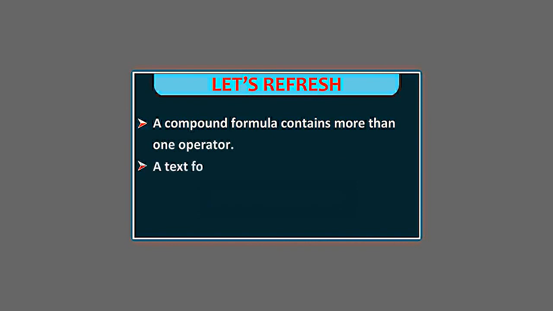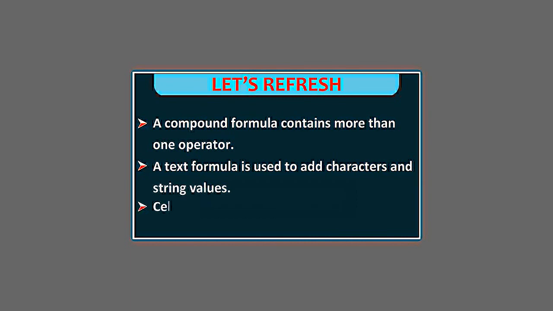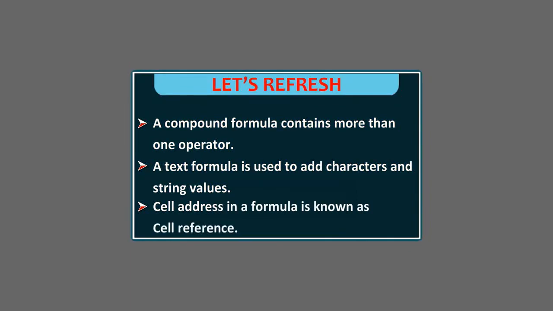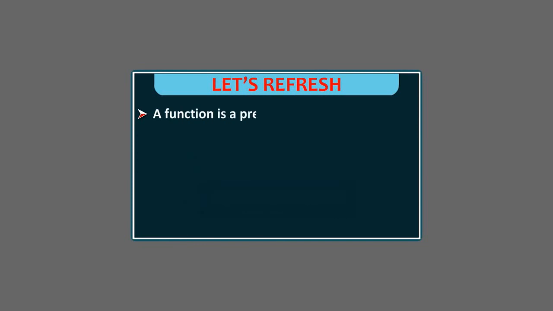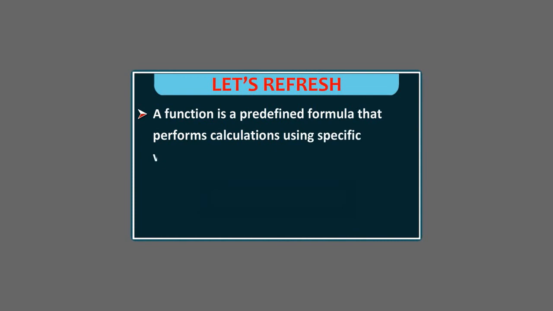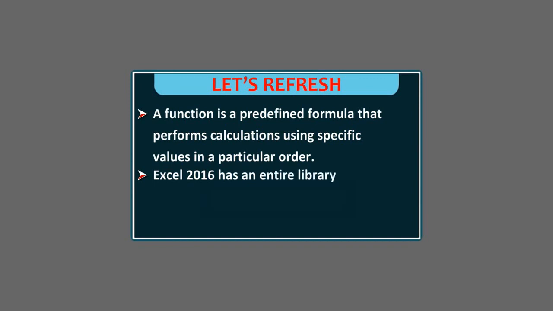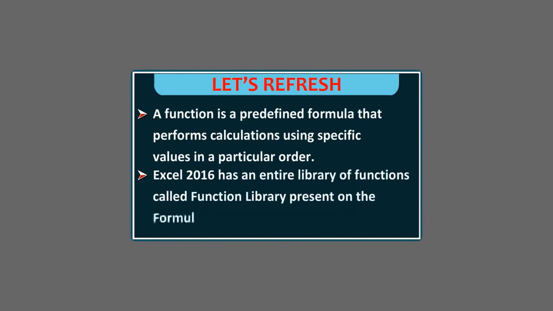A text formula is used to add characters and string values. Cell address in a formula is known as cell reference. A function is a predefined formula that performs calculations using specific values in a particular order. Excel 2016 has an entire library of functions called the Function Library present on the Formulas tab.